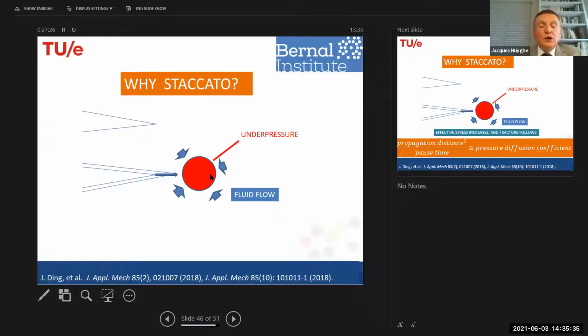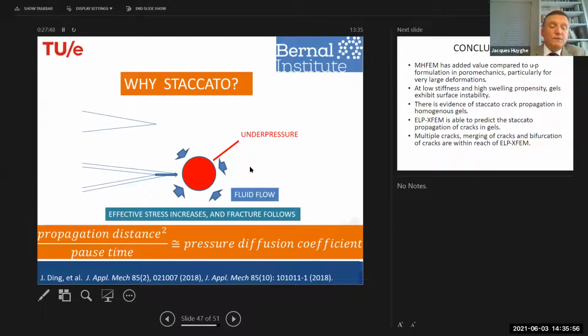Progressively, it will go into the effective stress, and the effective stress will turn into a triaxial tensile stress around this area. And after a while, as the fluid flow has been able to flow in, we have a tensile effective stress, which causes the crack to propagate.